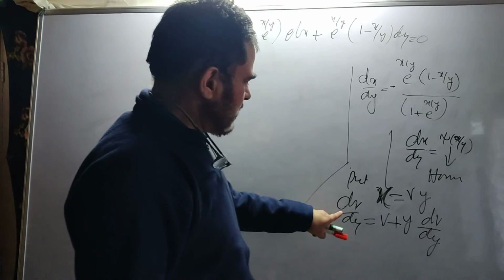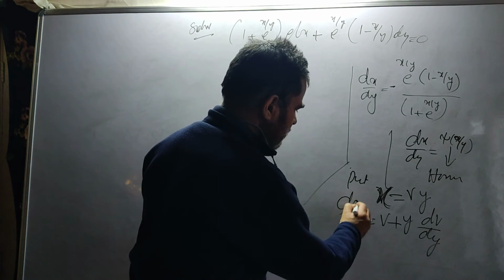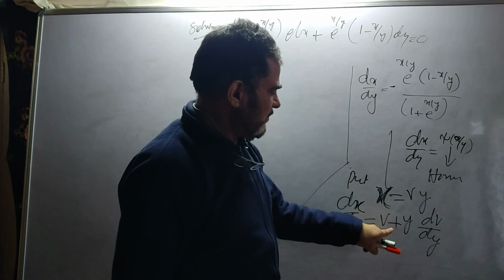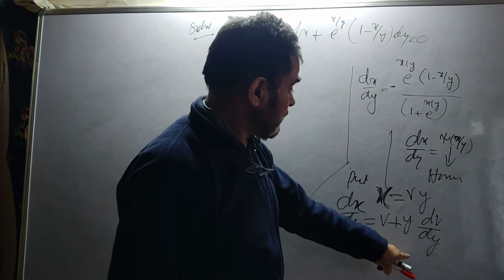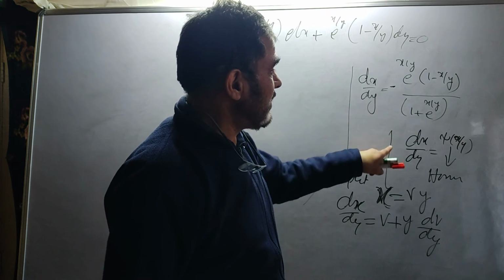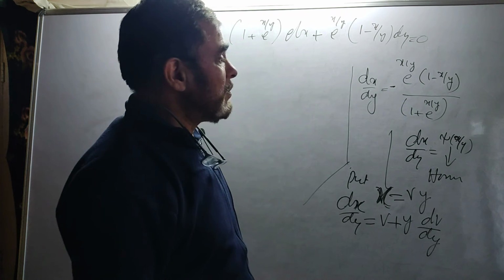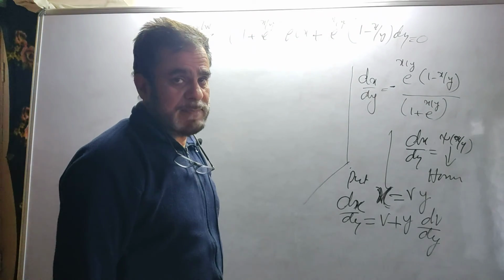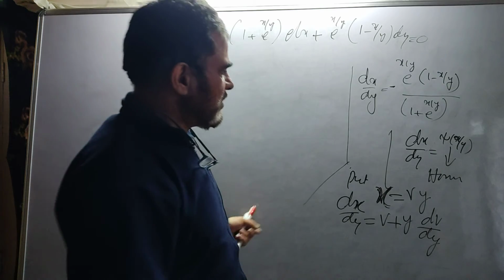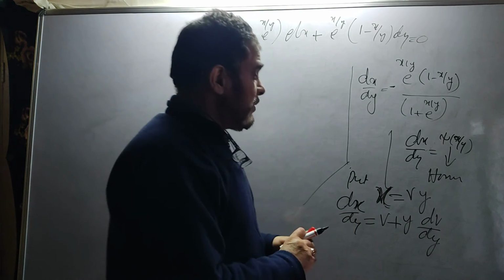When you substitute here, you replace dx by dy by v plus y dv by dy, and you replace x by vy. You will see it becomes a variable separable problem. You can solve it by that method. You might have done it there. That means this is a differential equation you can solve by the homogeneous method.